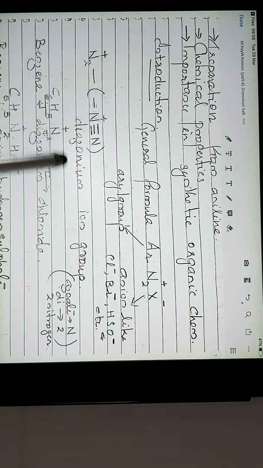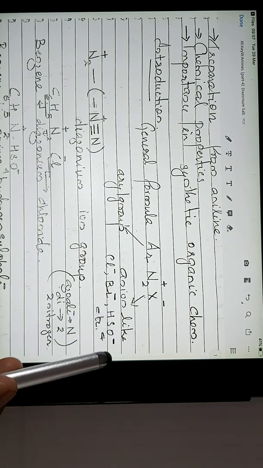And since it is not like the neutral N2 molecule, here the two nitrogen atoms are bonded with the triple bond, and it is gaining a charge, so it is remaining as an ion. So we call it the diazonium ion group, and that is joined to a negatively charged anion.